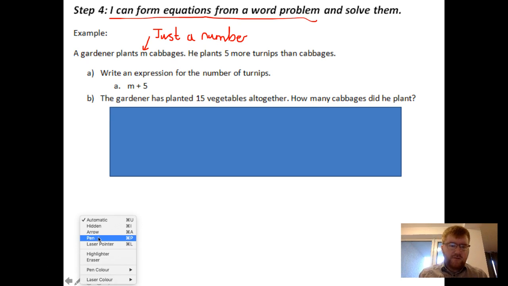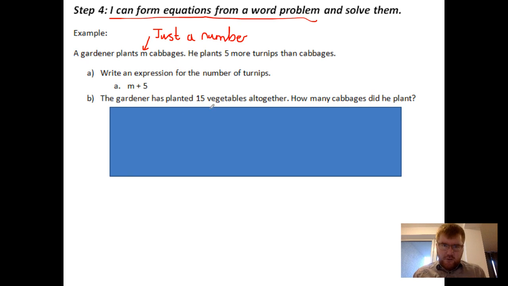So, we've got 15 vegetables together. Let's work out how many cabbages and turnips we have together. Well, we've got M lots of cabbages. We have M plus 5 turnips, because remember, whatever the number of cabbages is, there's always 5 more turnips. I'm going to put a C there for cabbages, and a T there for turnips.